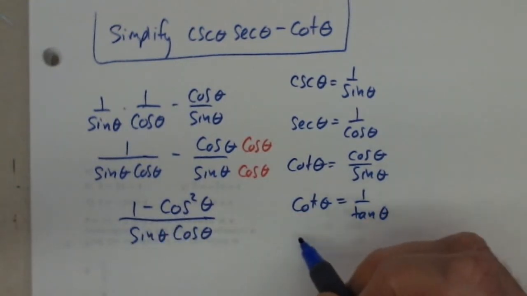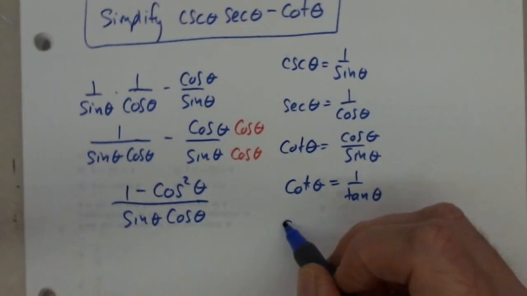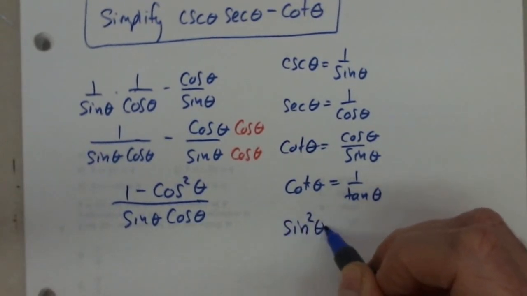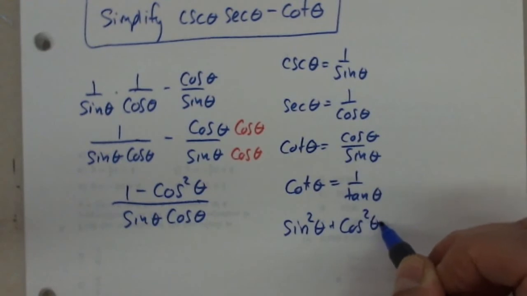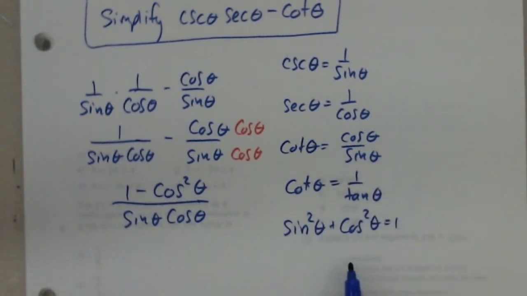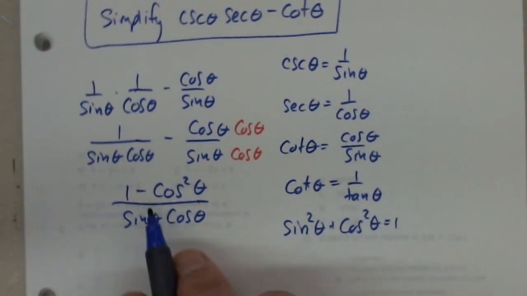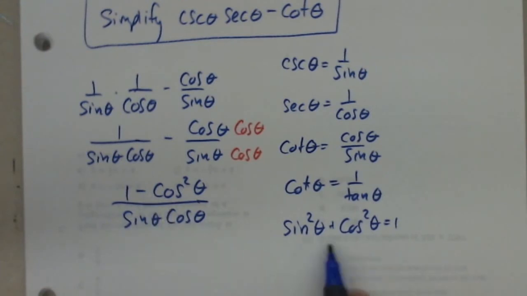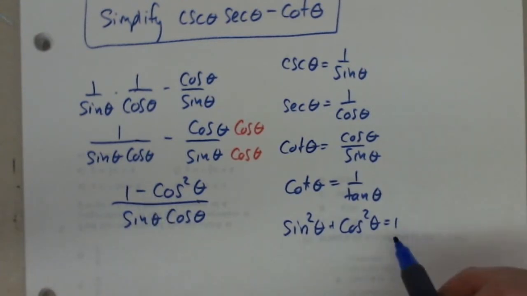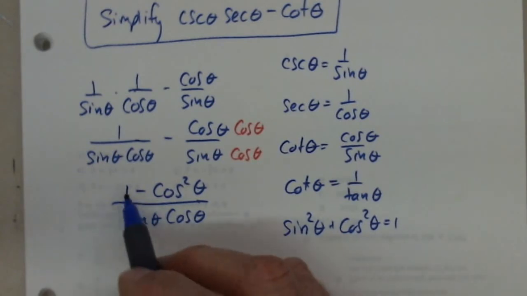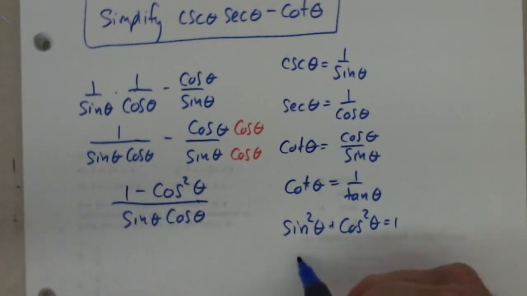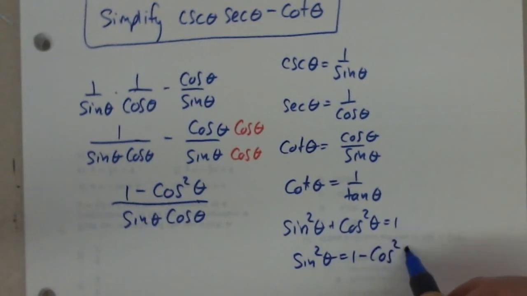and now we have cosine squared. So let's look at the Pythagorean identities. Sine squared plus cosine squared equals 1. Can we make this appear from here? And we can by subtracting the cosine squared. We want 1 minus cosine squared, so let's write it as 1 minus cosine squared.